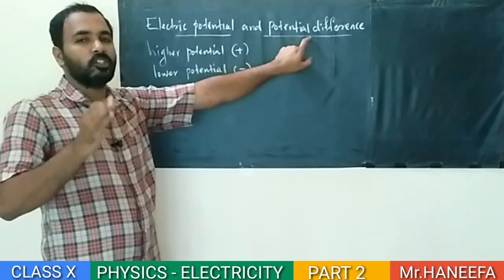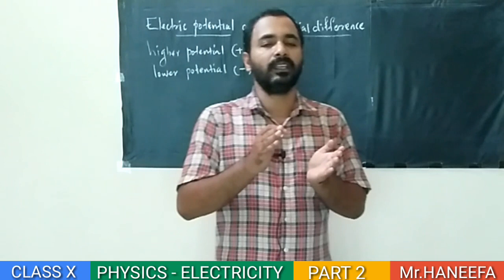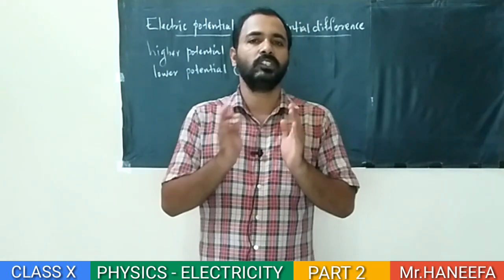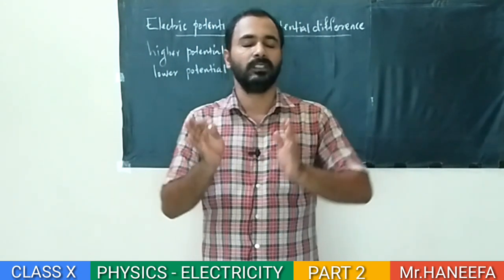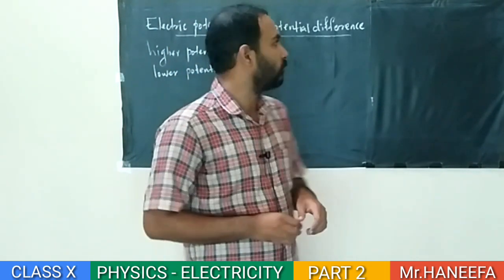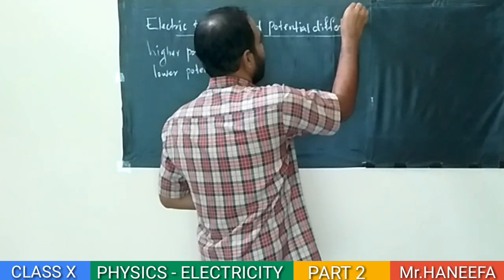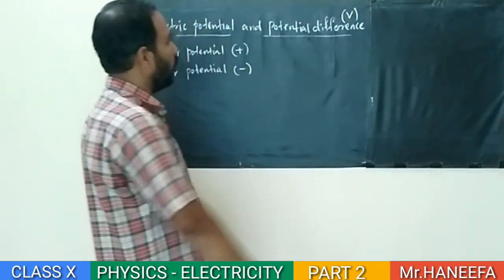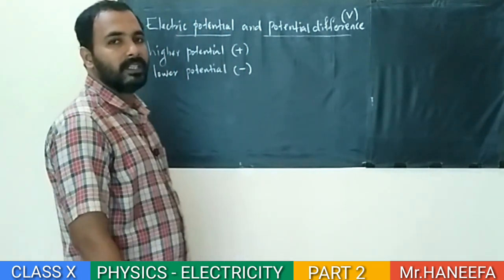Potential difference means the change in electrical potentials or change in electric pressure. Potential difference is represented by a letter V. V is the potential difference.